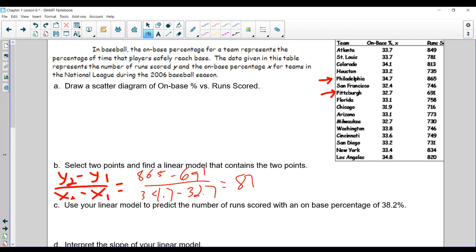Okay? So then I'm going to pick one of the 2 points. I'm going to pick Philadelphia, and I'm going to plug that into my point-slope form, excuse me. So I would have y minus 865 is equal to the slope of 87 times x minus 34.7.